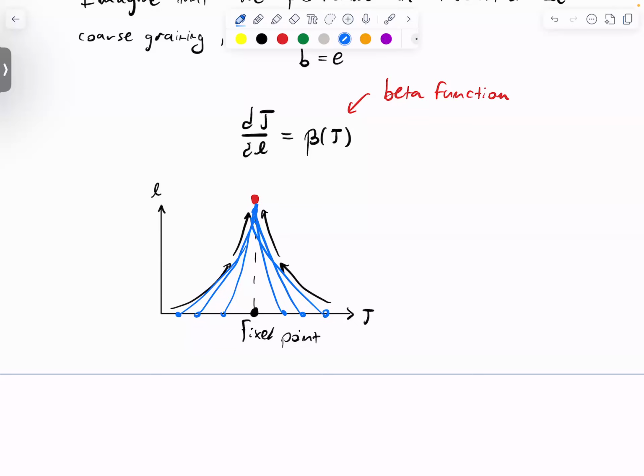Because instead of solving every different point in phase space, you just choose the fixed points, because any other place will flow away as you do the RG and finally arrive at some fixed point. So this is the general idea.